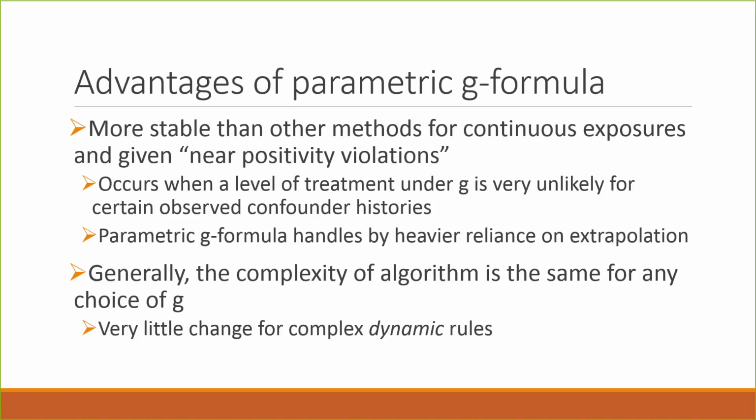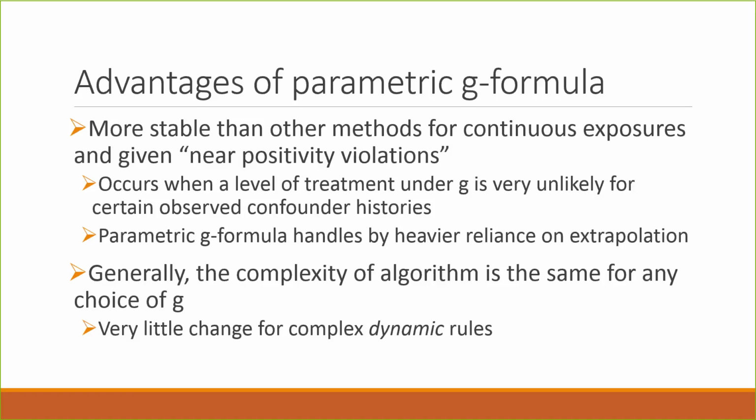So the practical advantages of this approach are that when you have continuous exposures, this was the case in the example I gave yesterday, and that's the case here, exposures of many levels, or on a related note, when you have so-called near positivity violations, which can happen when you can observe a level of treatment that's consistent with G that's very unlikely in the data for certain confounder histories.